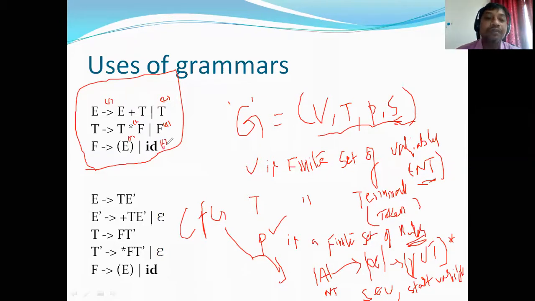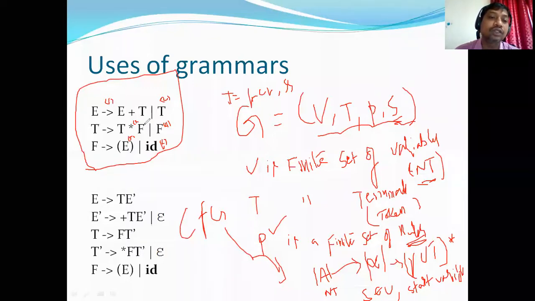If you observe here, we follow some notational conventions. All the lowercase letters and all the special symbols, all the operators, are usually considered as terminals, or tokens.